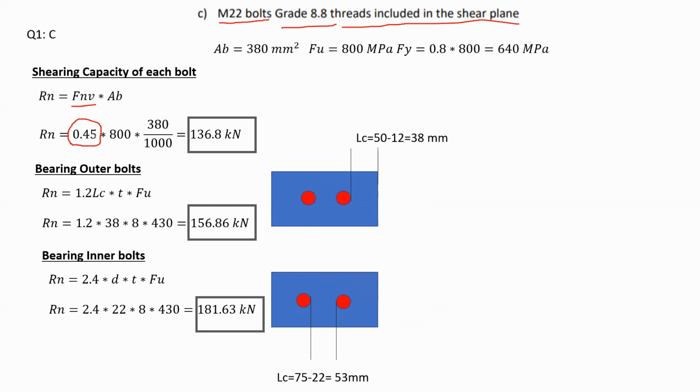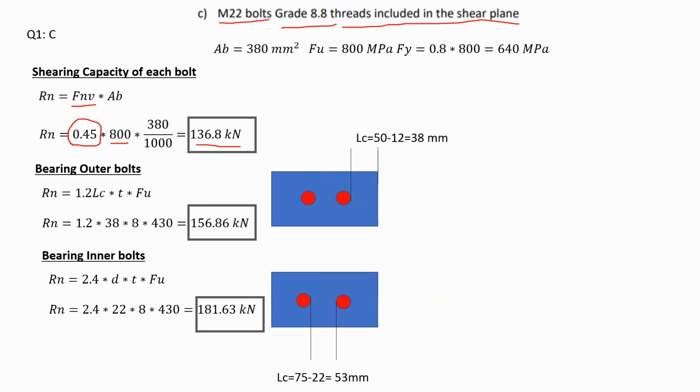Therefore, I'm multiplying 0.45 by F ultimate 800, F ultimate for the bolts, multiplied by the area of each bolt, 380, and I'm dividing by 1,000 for conversion. And from there, I get the capacity in shearing for bolts to be equal 136.8 kilonewtons.